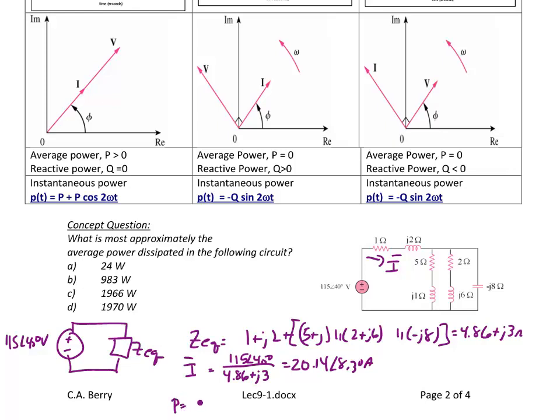P is equal to 1/2 the voltage magnitude times the current magnitude times the cosine of theta V minus theta I, which is equal to 1/2 times 115 times 20.14 times the cosine of 40 degrees minus 8.3 degrees, which equals 985 watts. So most nearly the answer would be letter B.